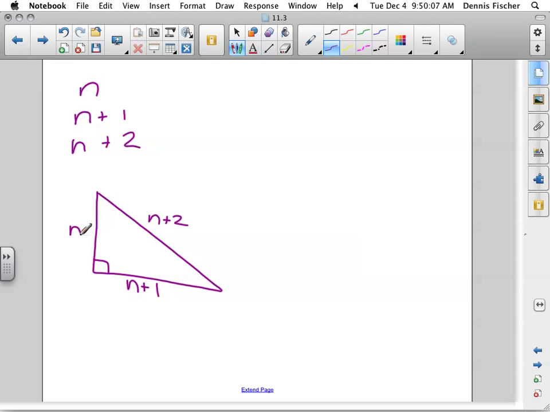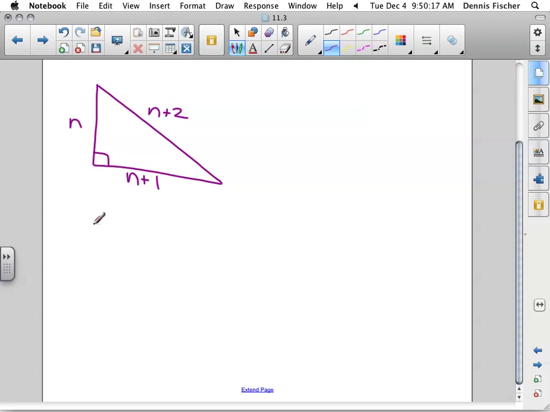Now, knowing the Pythagorean theorem, we know that what? A squared plus b squared equals c squared. So we're going to go into this problem and set that up.